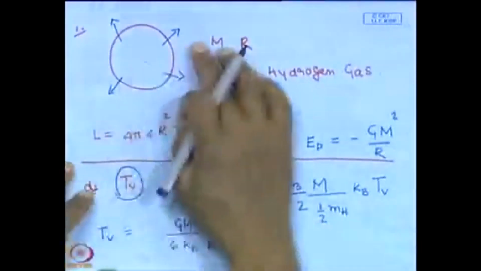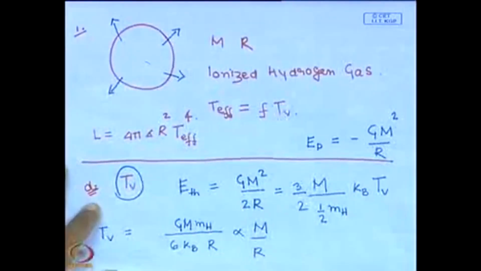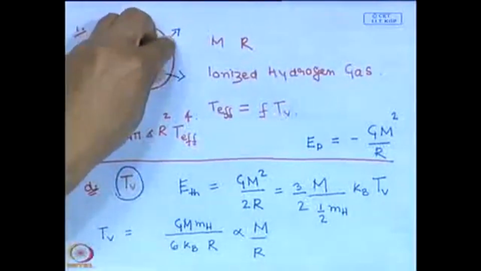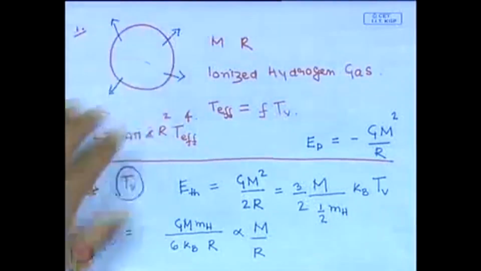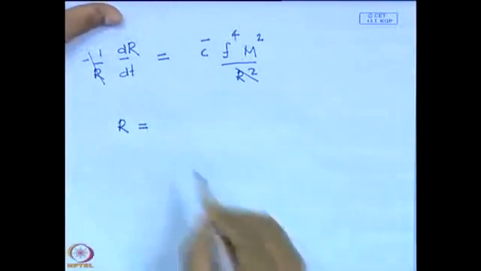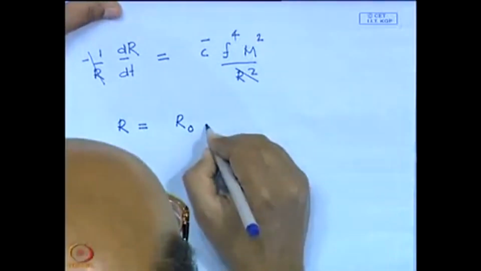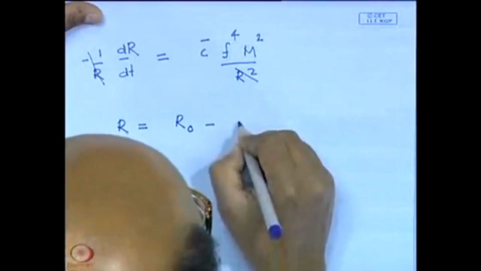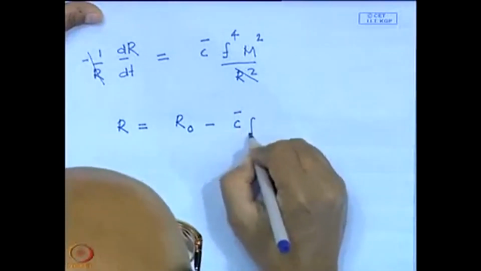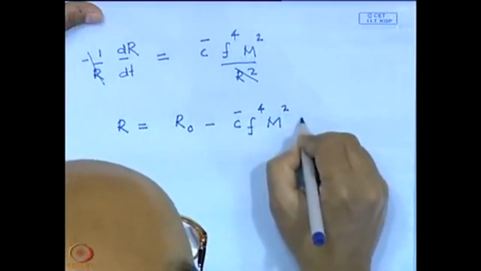The question is as follows: when this loses energy, its thermal energy is going to increase, its potential energy is going to get lower and lower. So, this thing essentially contracts, and we want to find the rate at which it contracts. We want to find the solution to r as a function of time by solving this equation, which we can now do straight away, it is quite simple. So, r is equal to r naught, which is the starting value of the radius, minus C bar f to the power 4 m square into t.